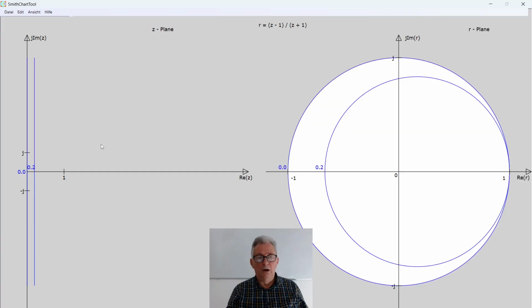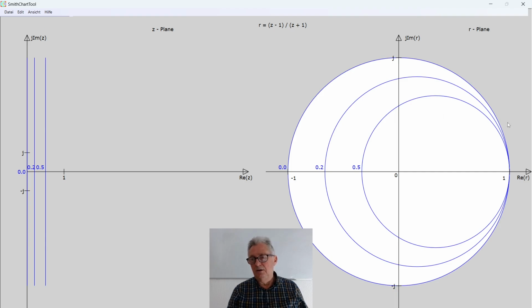So we can go on in the mapping. Here you have all resistances with a real part of 0.5. The real part is constant, but the imaginary part will change. Of course I cannot extend this to infinity, but in the Smith chart it's fine that all the impedances are mapped into the unit circle.